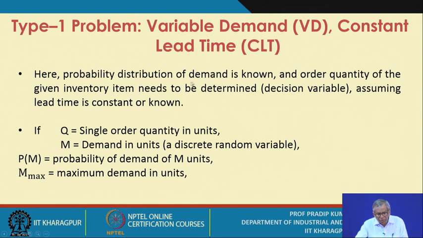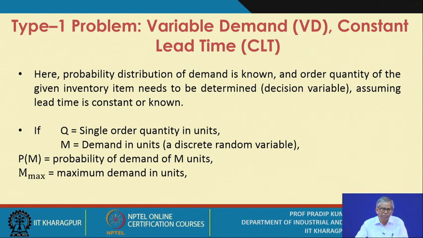So here the probability distribution of demand is known. These details we'll discuss later on, but right now just keep in mind. Now I'll give you one exercise to start thinking about: how many ways, or which methods, do you follow to specify the probability distribution of demand?